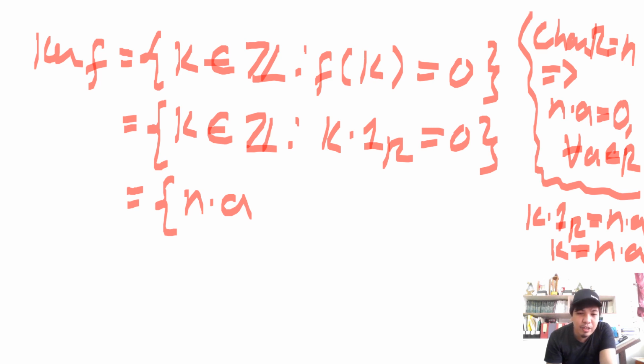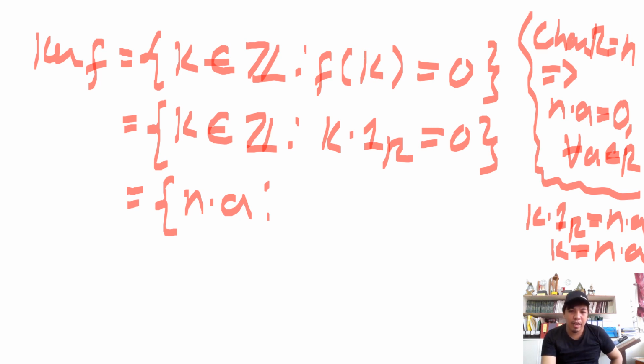Notice that by definition of this set, k is in the set of integers. For that to be true here, of course, we know that n by definition is already an element of the set of integers, right? Because from the definition earlier of a characteristic of the ring R, n is the least integer.